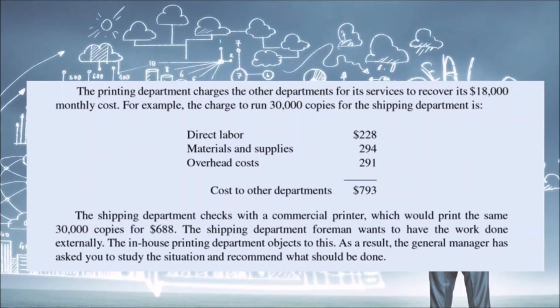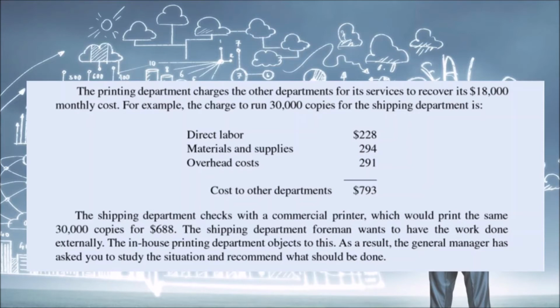The printing department charges other departments for its services to recover its $18,000 monthly cost. For example, the charge to run 30,000 copies for the shipping department is, for direct labor, $228, materials and supplies, $294, and overhead cost, $291.